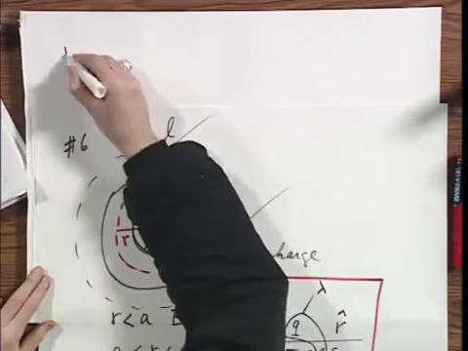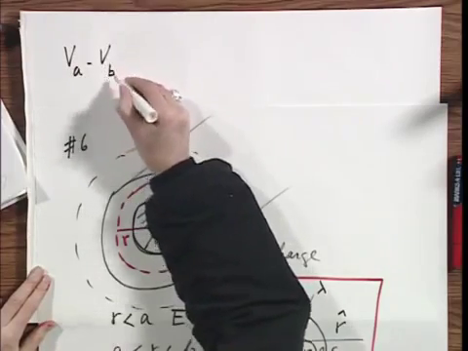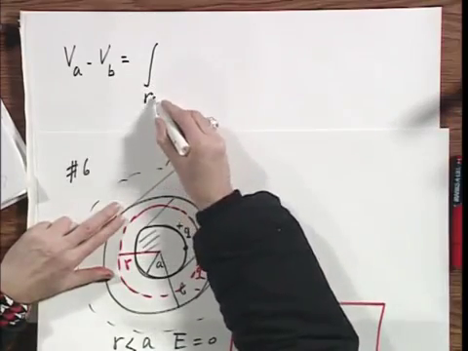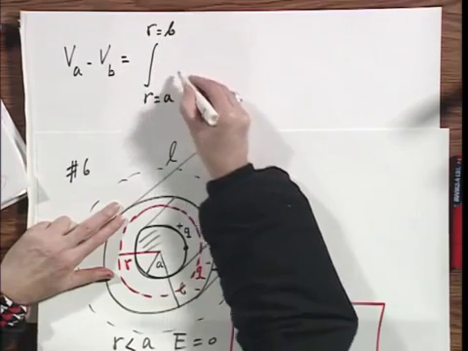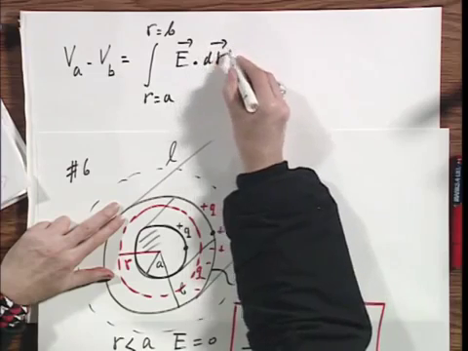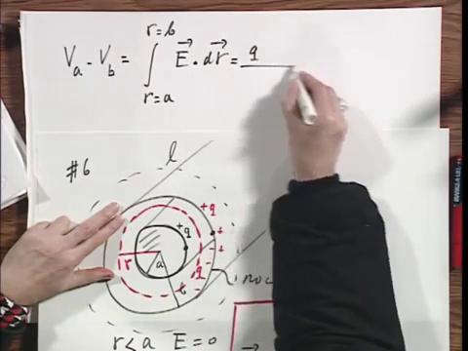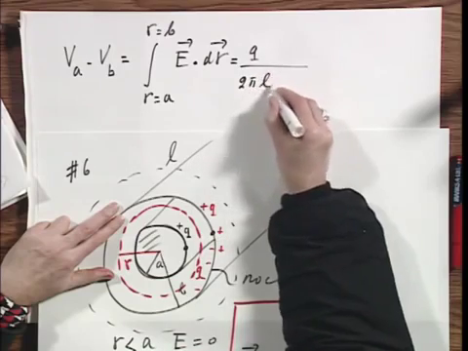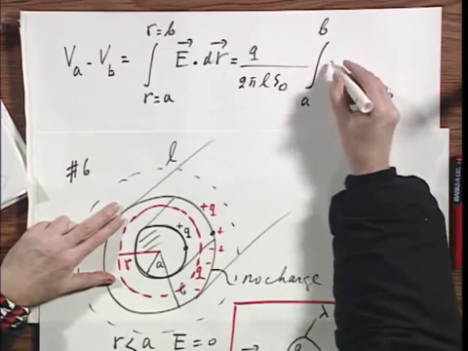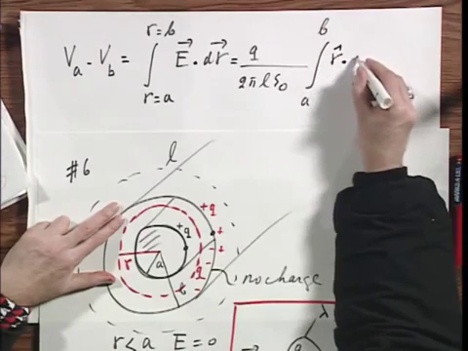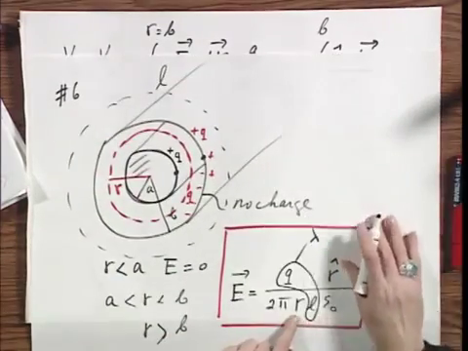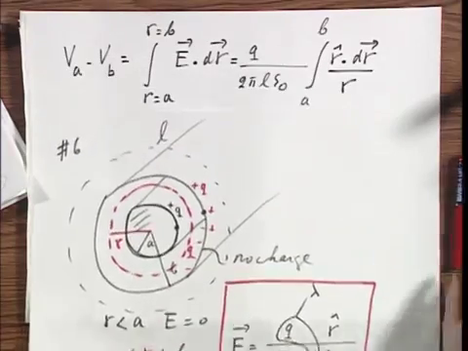And I will just write that down, shorthand notation, as VA minus VB, which is the integral going from R equals A to R equals B of E in the cavity dot dr. That equals Q divided by 2 pi L epsilon 0 times the integral going from A to B, R roof dot dr divided by R. Remember, the field falls off as 1 over R, because we're dealing with cylinders.